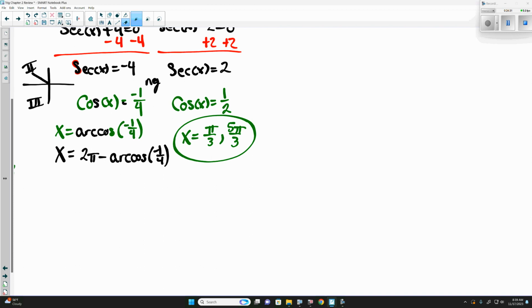Because that's what I was trying to work through, this angle is what arc cosine of negative 1/4 gets us. That means there's another one down here, which negative arc cosine would get us. So if we take that away from 2 pi, it should give us the other angle that we want, which is this here.